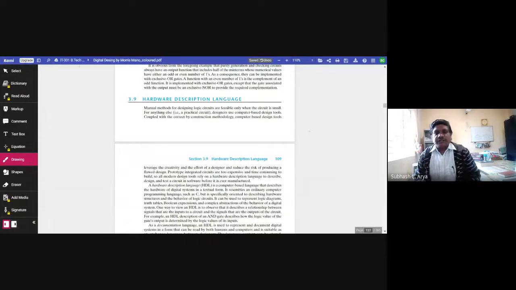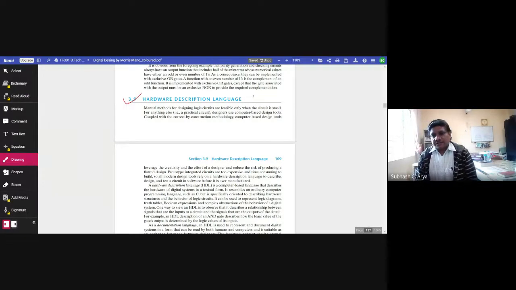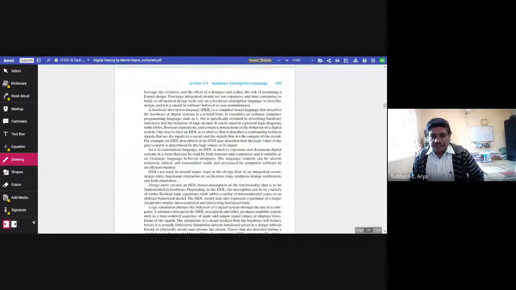Can you see section 3.9? Anyone respond? Yes, sir. So this is the hardware description language, HDL. This coding is used for circuit implementation in digital logic.